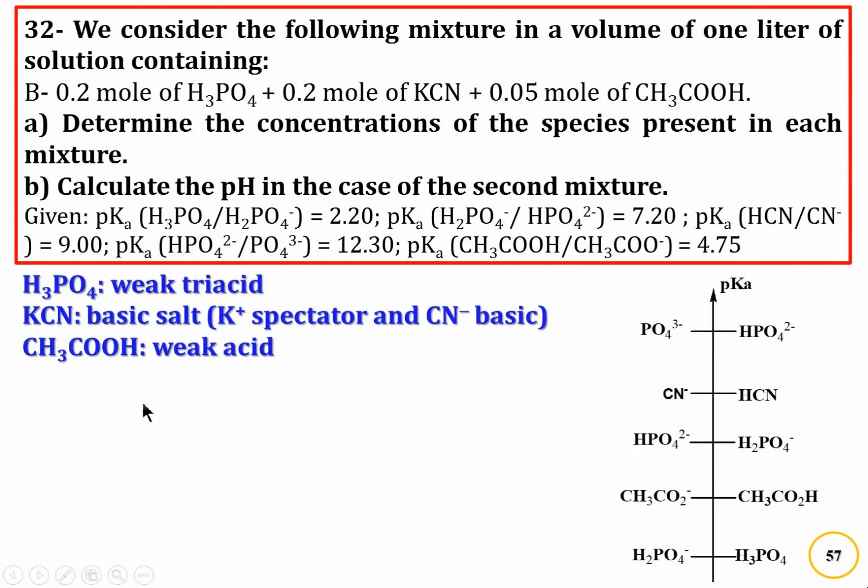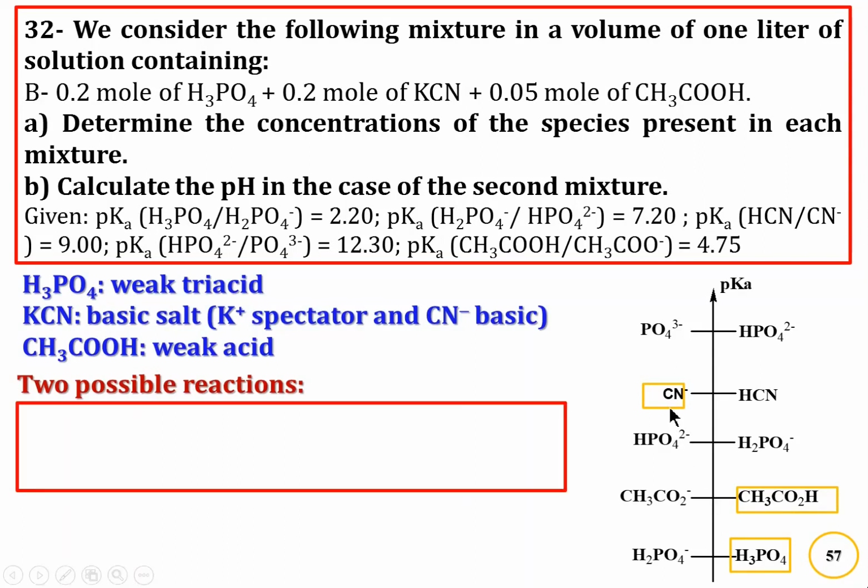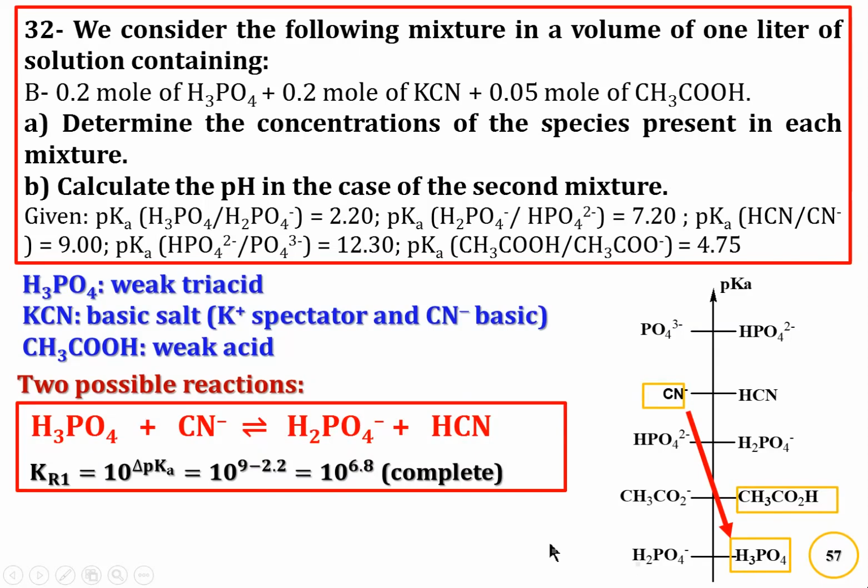So we have a mixture of acids with a base. To find the reaction taking place, we put the couples in increasing order of pKa, and we determine the species present. So we have CN-, acetic acid, and phosphoric acid. According to the gamma rule, we have two possible reactions. The first is between CN- and H3PO4, and K of this reaction equals 10 to the power 6.8.